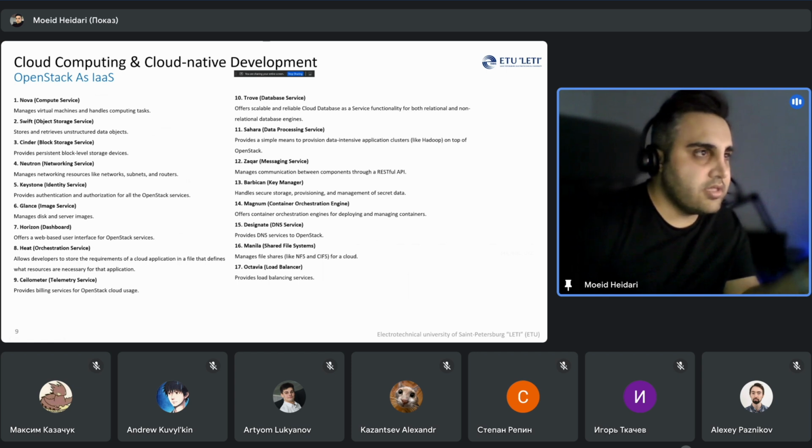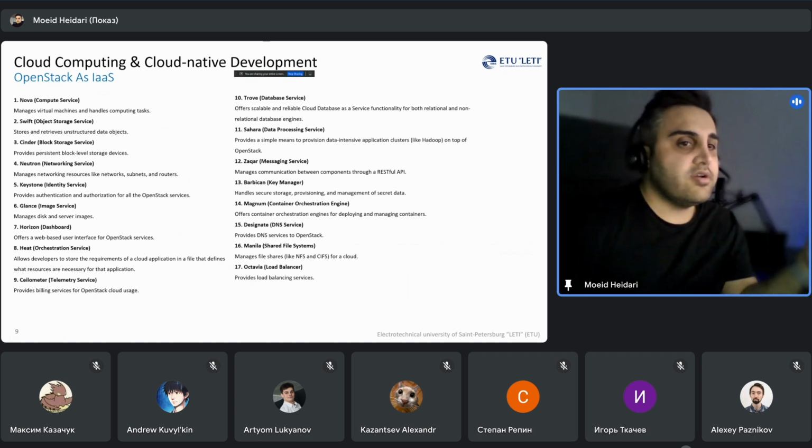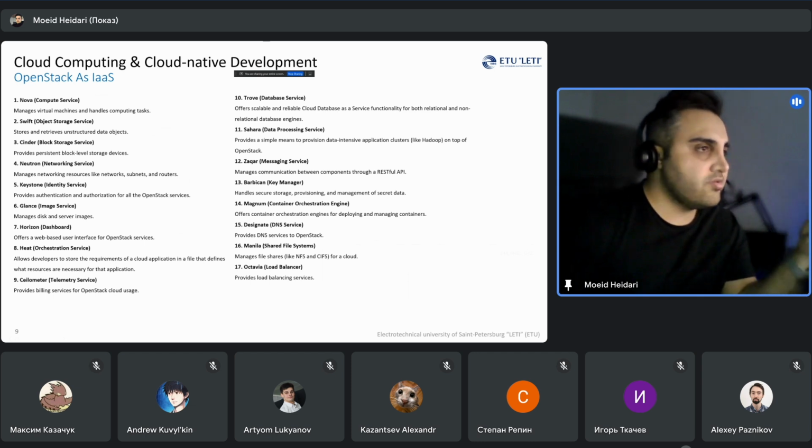Or Magnum is a container orchestration engine, exactly like Kubernetes. Designate is a DNS service. You can have your own DNS service in your cloud environment. Then you can provide DNS query results to your end users, or you can have this DNS service working locally in your local network or any other thing.